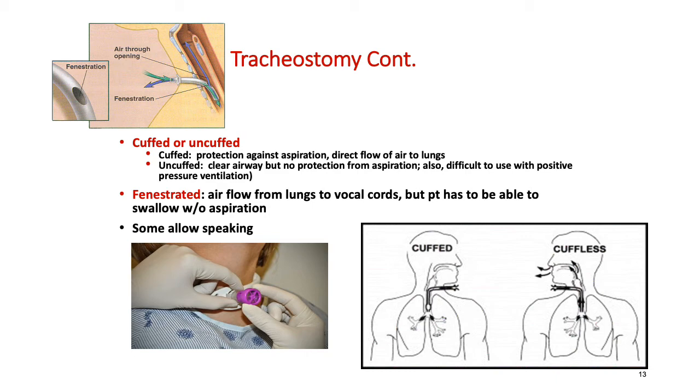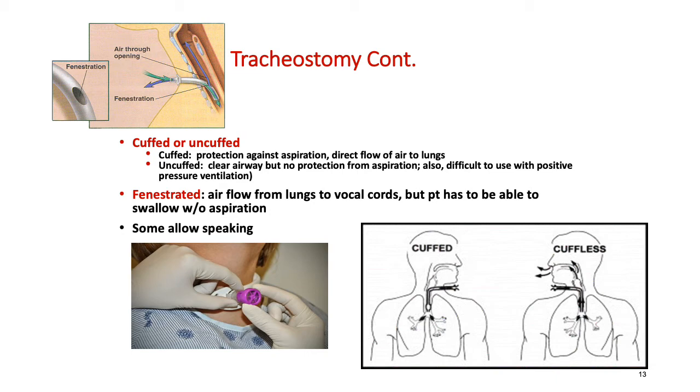The air goes directly into the lungs, and in the image just next to it, this is a patient with a cuffless tube. So if air goes down into the lungs, it can also go back up through the trachea and larynx and out of the mouth. So there can be some air loss. This would be important for a patient on a ventilator, where you want to make sure that all of the breaths get down into the lungs where they should be.